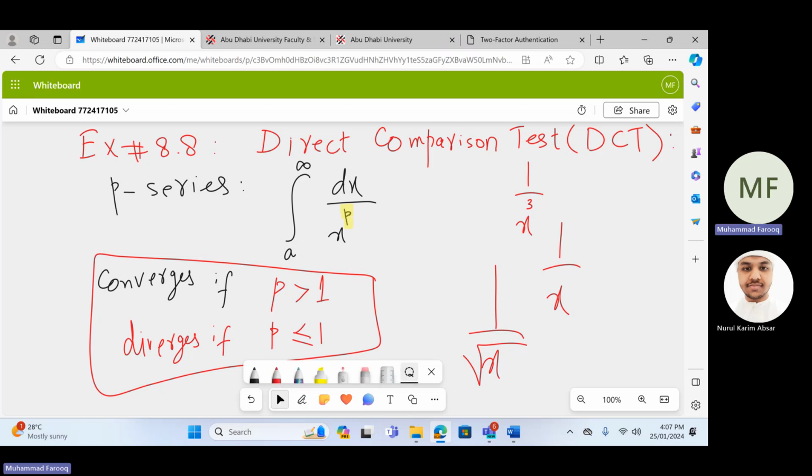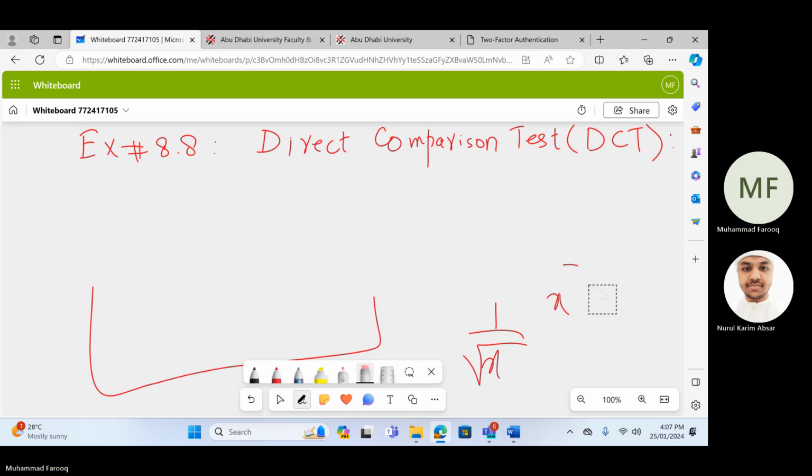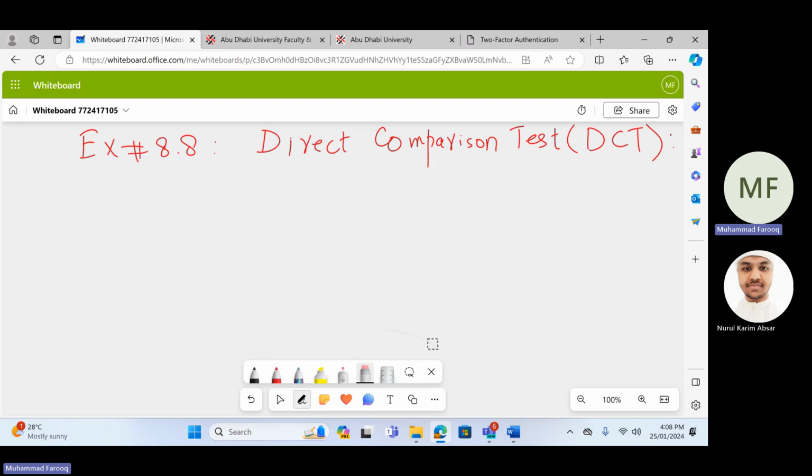Please note down the rules and the calculation part of this test. For P series, if the power of the variable is greater than 1, it converges; less than or equal to 1, it diverges. For the direct comparison test, we need to make a comparison, so there should be something to compare with.